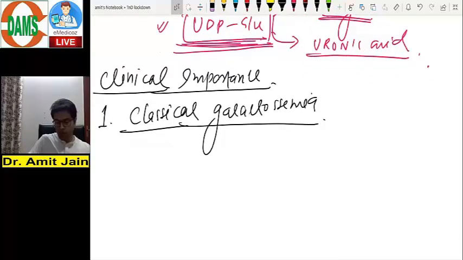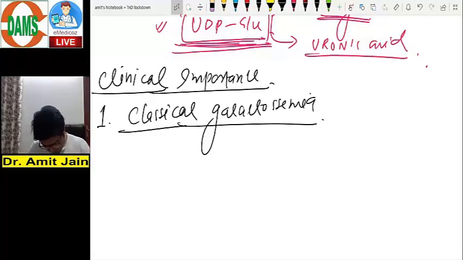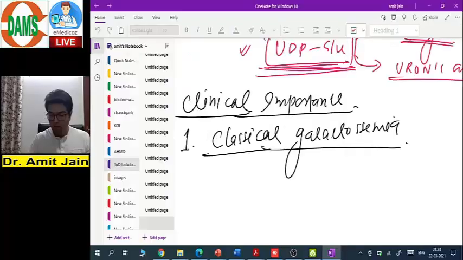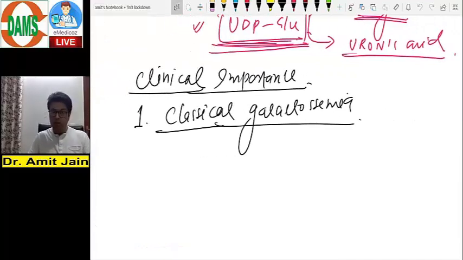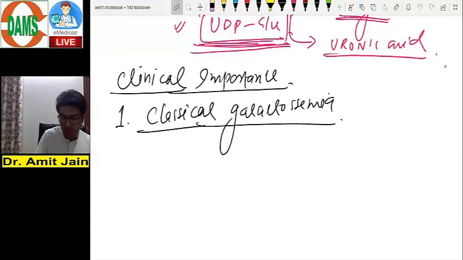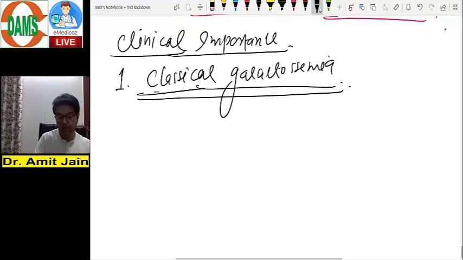Now guys, classical galactosemia presents with some classical features, right? You have already seen this with the fructose metabolism. In classical galactosemia, the newborn baby will present with the following.